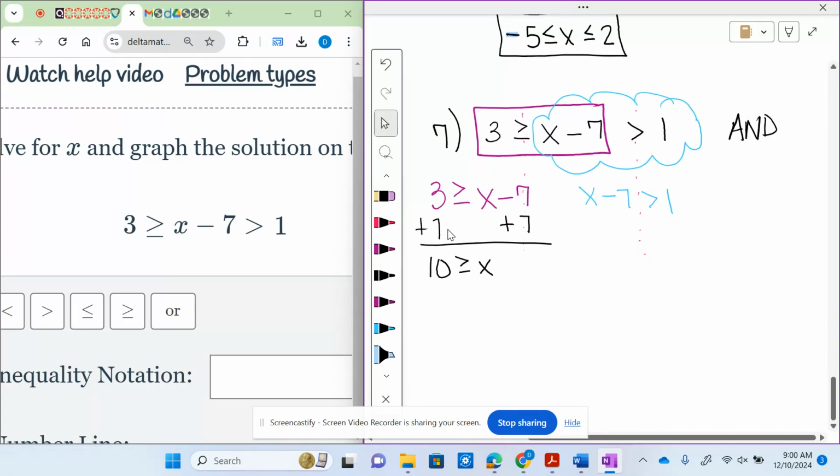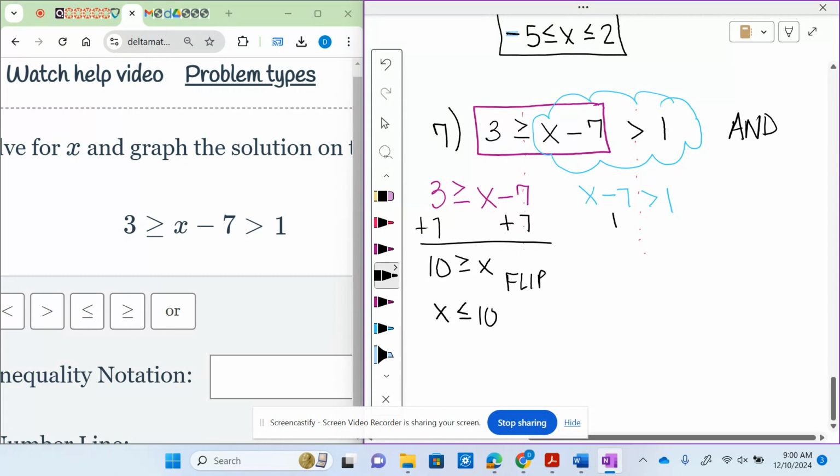I want x to come first. What should I do? Flip it. X is less than or equal to 10. On the right side, I'm going to also add 7 to both sides. X is greater than 1.